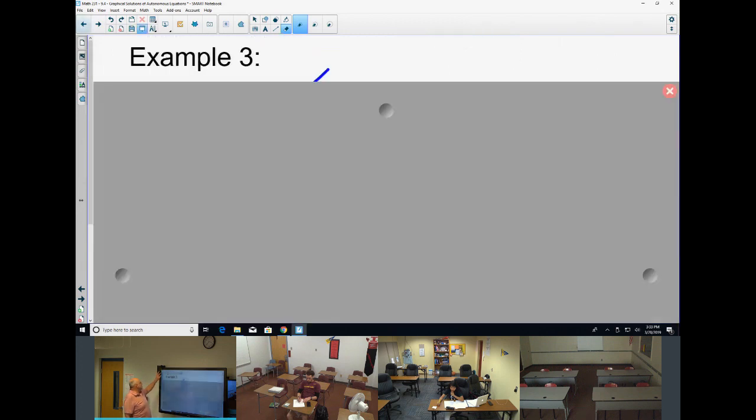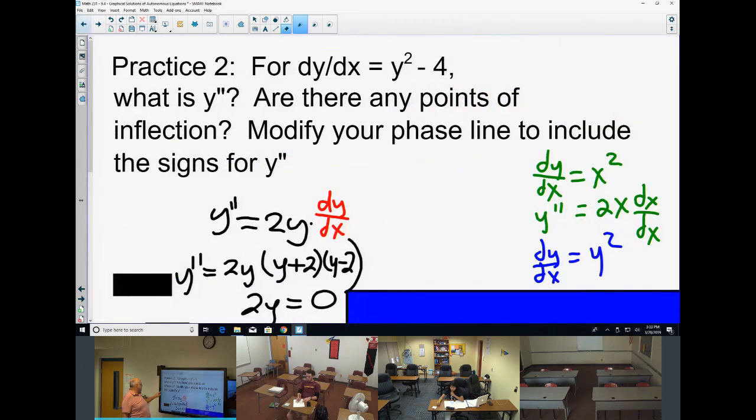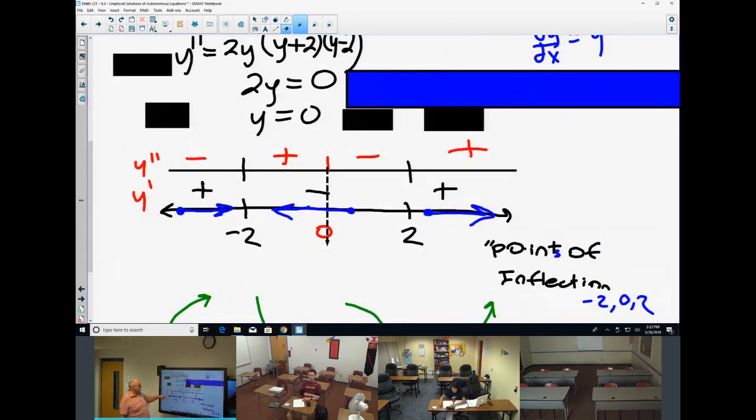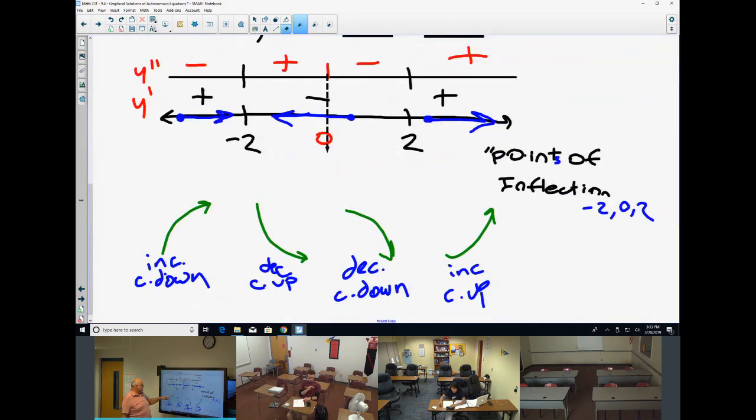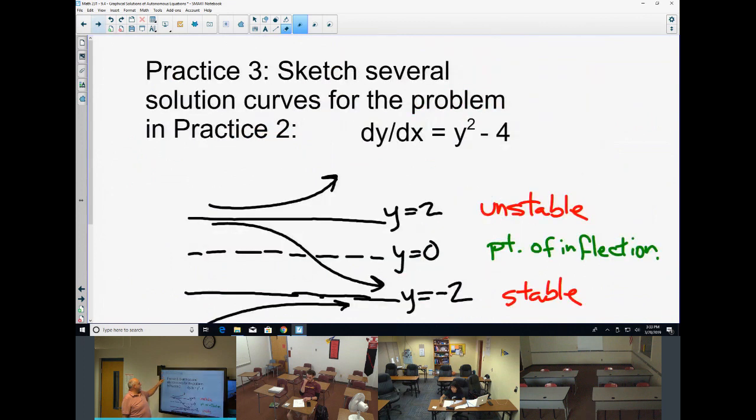So then the next part, from -2 to 0, it's decreasing concave up. And then the next region was decreasing concave down. And then we have increasing concave up.